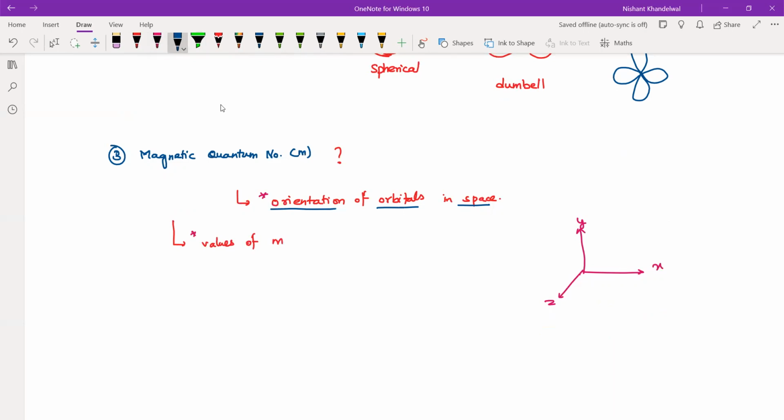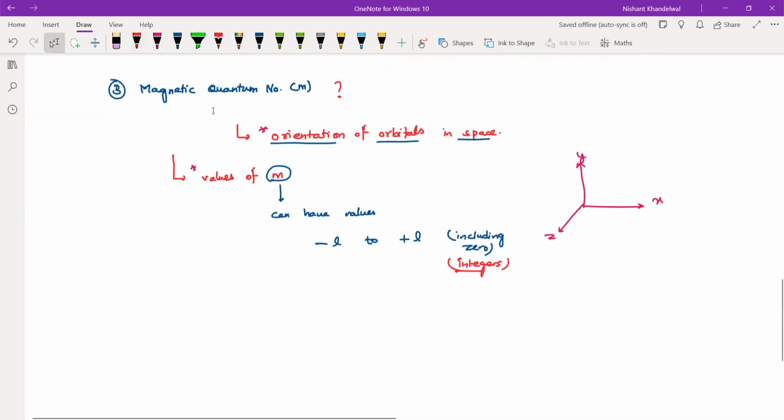So m can have values from minus L to plus L, including zero, like integers. So n is helping to calculate the value of L, and this L is helping to calculate the value of m.